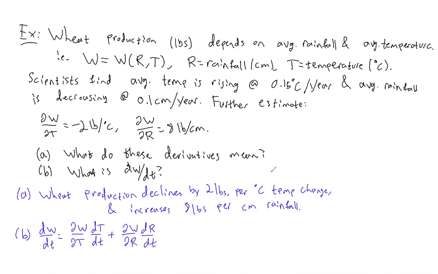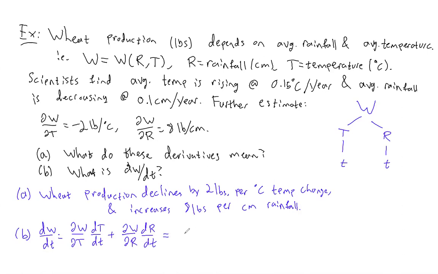For those of you who like the tree diagrams, just to remind everyone what is going on here, we've got our wheat production, which depends on temperature and rainfall, and the temperature and rainfall each depend on time. As time goes forward, the average annual rainfall and the average annual temperature are changing.